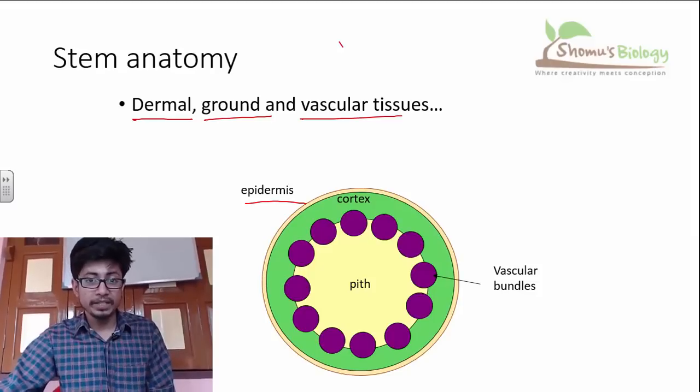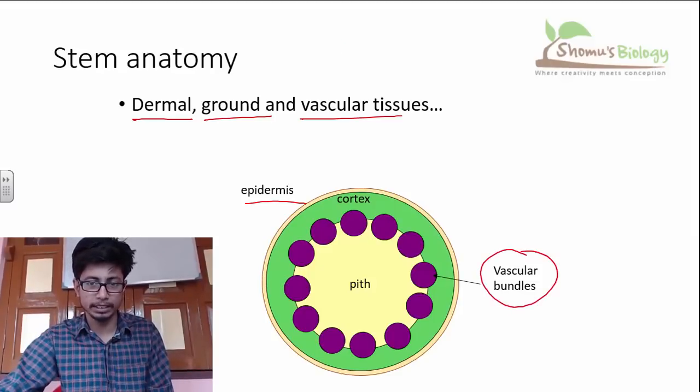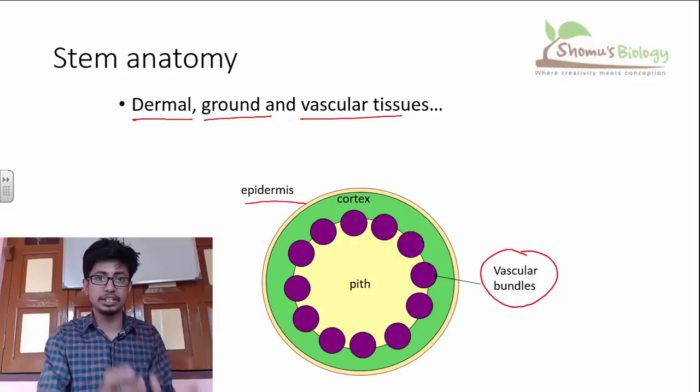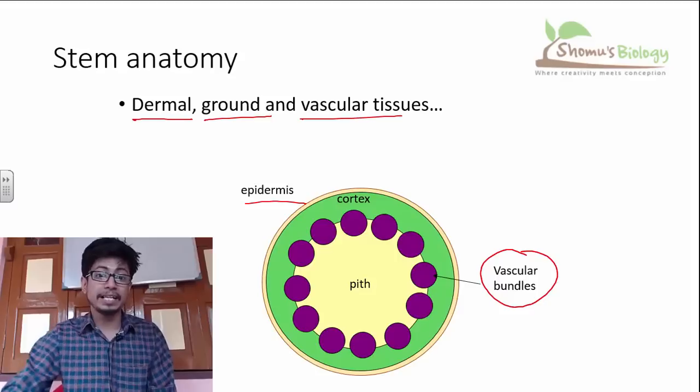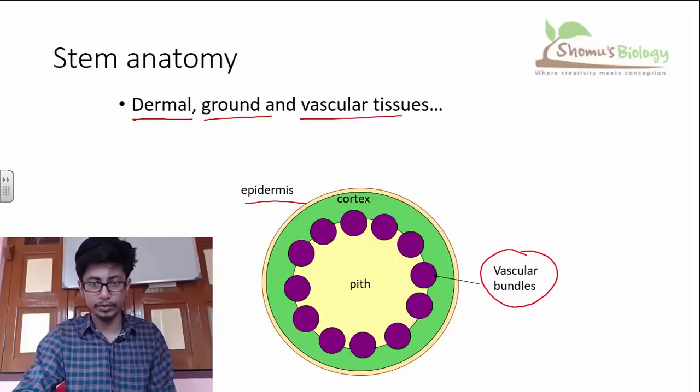So here we see epidermis, cortex, and the vascular bundle cells. Vascular bundles consist of xylem and phloem, and they are present in high amounts here.